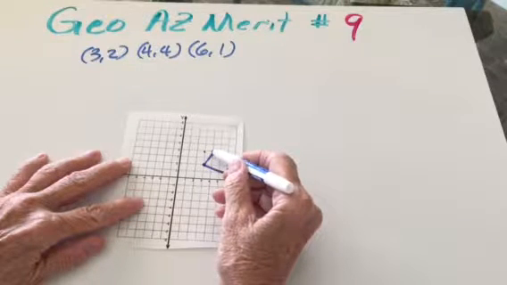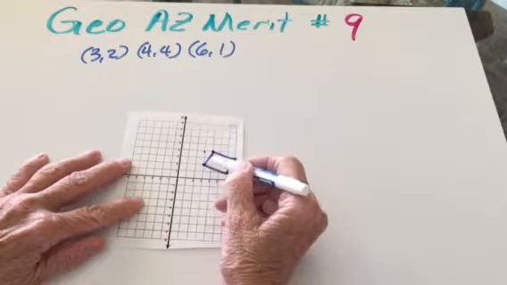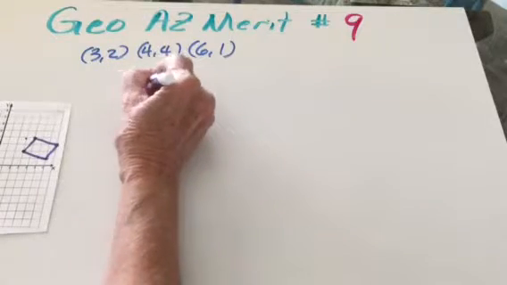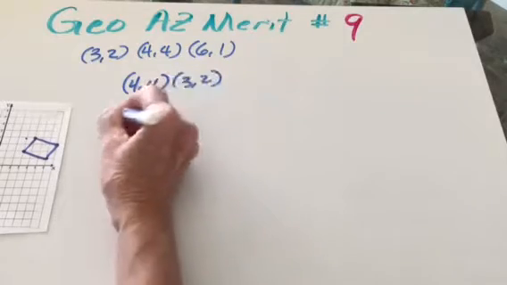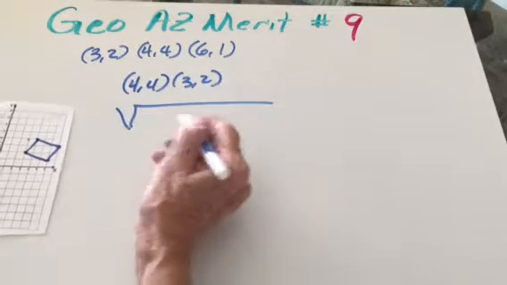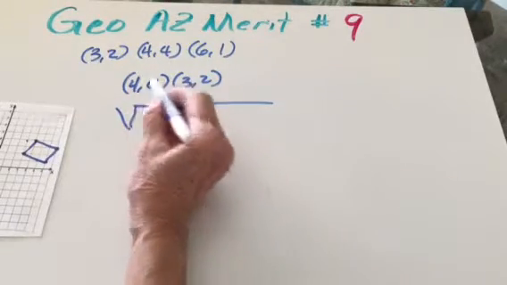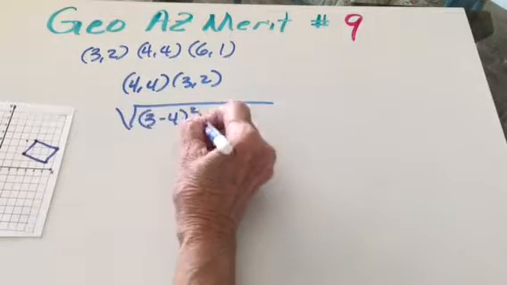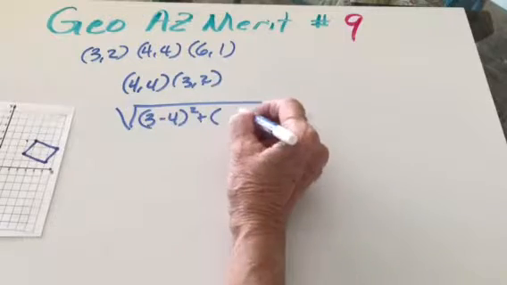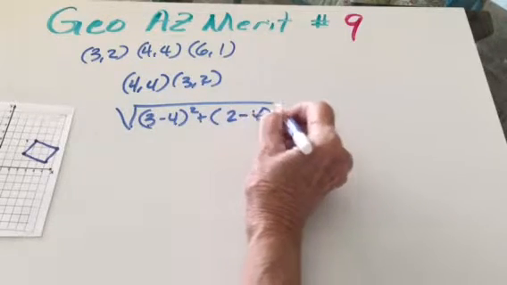This point is 4, 4. This point is 3, 2. All right, 4, 4 and 3, 2. Let's find that distance. Okay, we're going to use the distance formula. So x minus x squared plus y minus y squared.